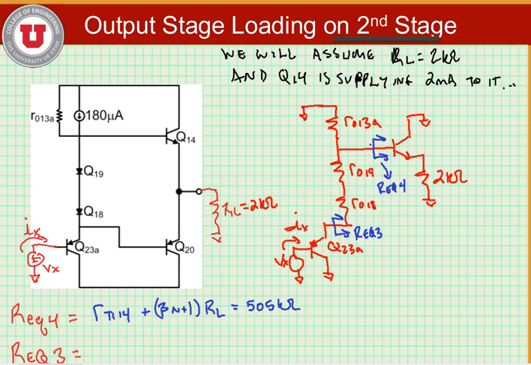Then combining this resistance with these other resistances here, we would get 1 over gm18 plus 1 over gm19 plus an ro13A in parallel with REQ4. Now we can neglect 1 over gm resistances since they're probably small, and we would find that this is approximately equal to 177 kiloohms.